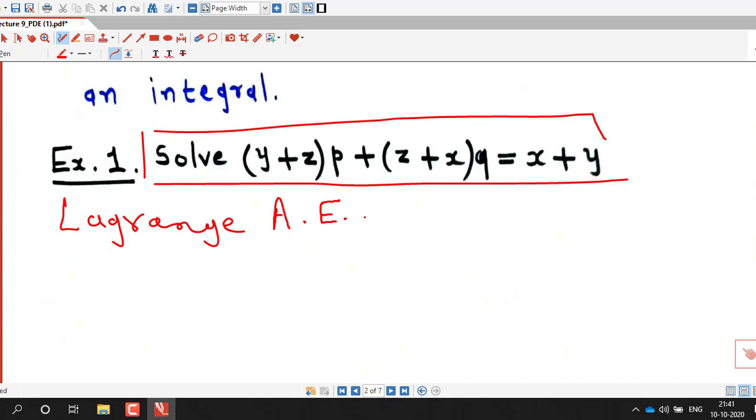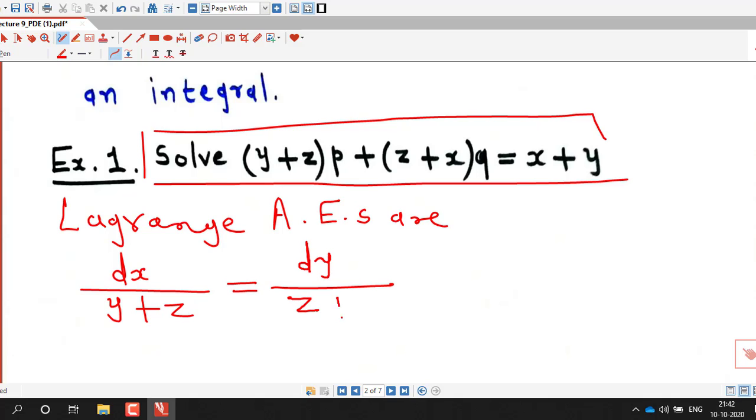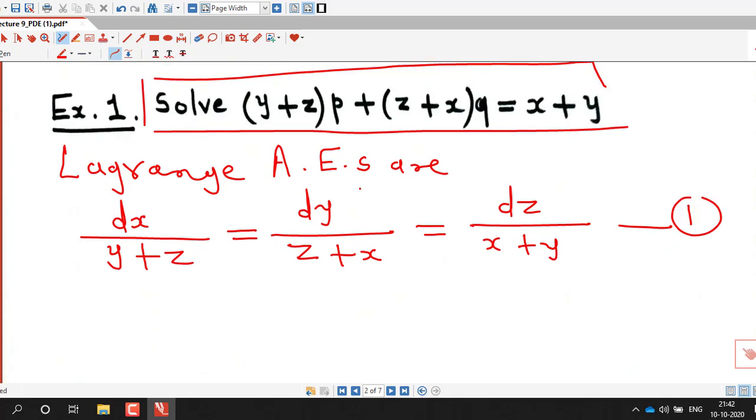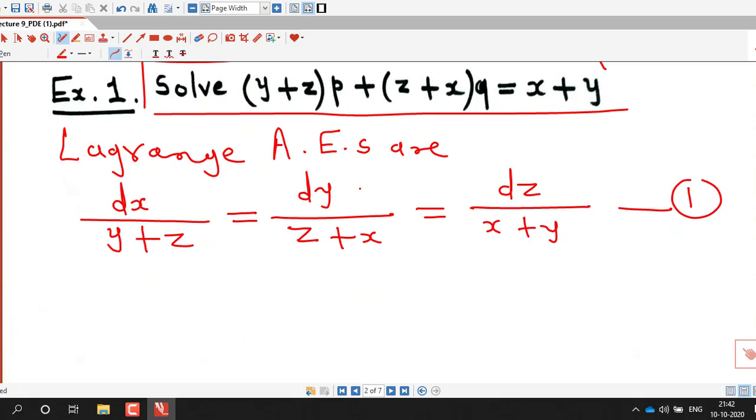So Lagrange auxiliary equations are dx divided by y plus z equal to dy divided by z plus x equal to dz divided by x plus y. Now to solve these auxiliary equations, if you observe, we cannot apply any of earlier three types.